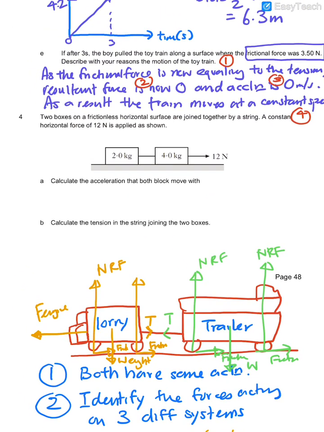Now having said that, you try yourself. Look at question 4. Label the two boxes, box A and box B, to make it easier. Calculate the acceleration that both blocks move with. So ask yourself, which system are you looking at?